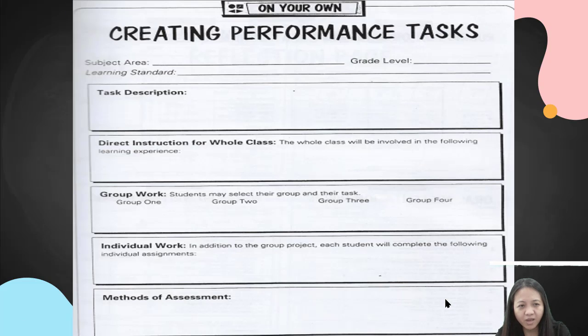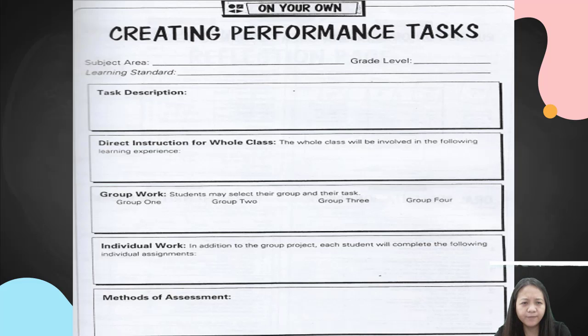And then next we have, as I mentioned earlier, if you want to create your own performance task involving students, you can use this as the example given previously. Subject area is what your subject is, and then grade level, and then learning standard is the aim, the goal for this one.